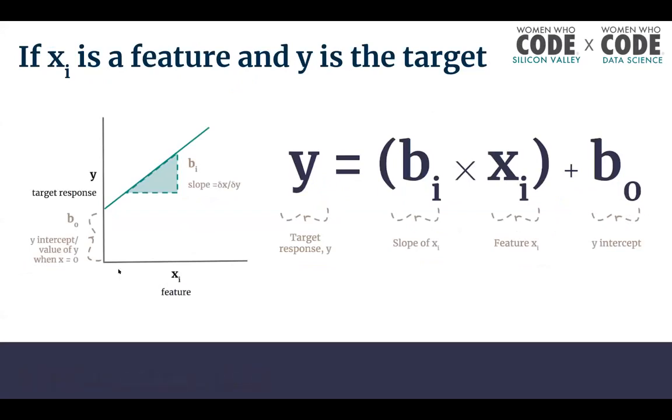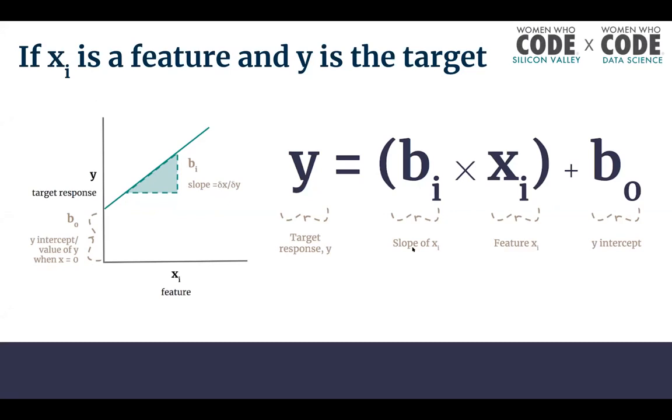So we saw a graph which had xi versus y. So let's just plug in those values into this and redefine what m and c are. Here y remains the same because y is our target response. X remains the same because it's our feature xi. We're renaming the slope of the line for a given feature x as bi.